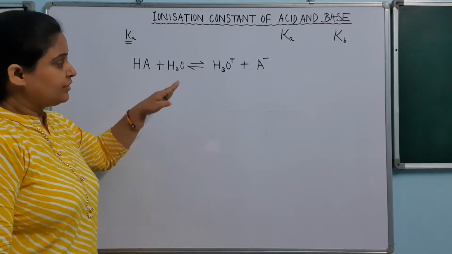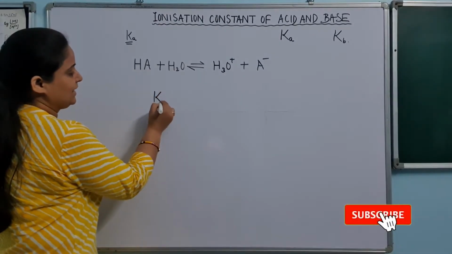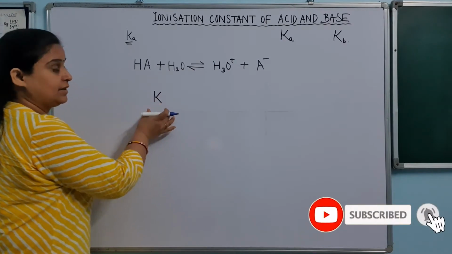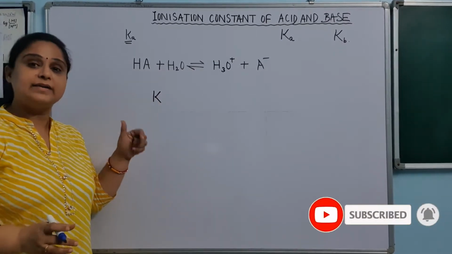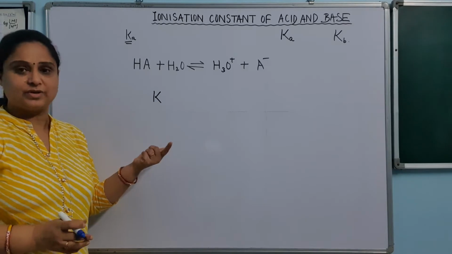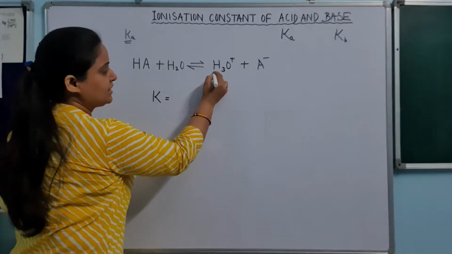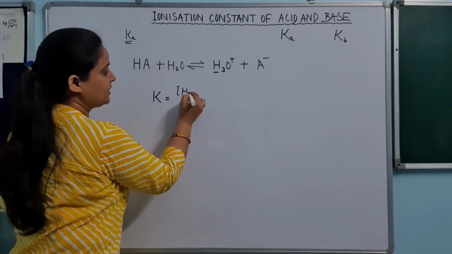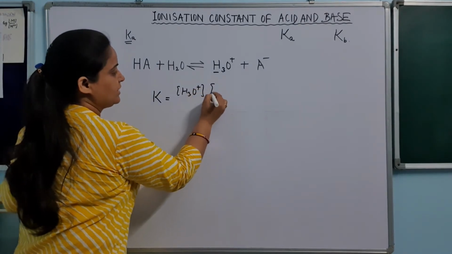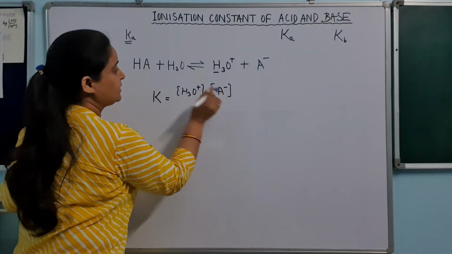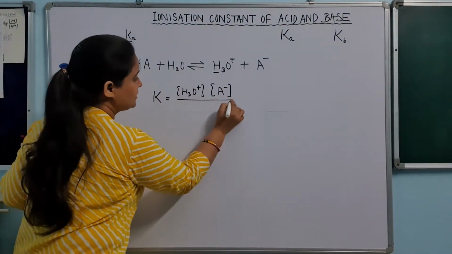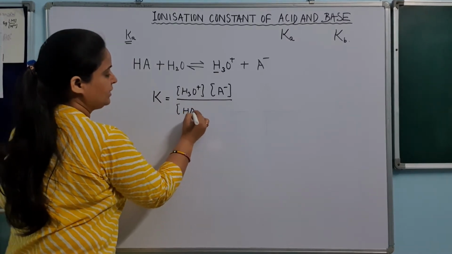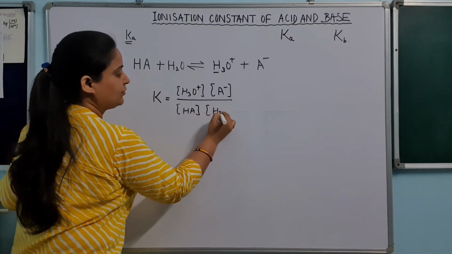Okay, so now we are going to apply the concept of K. I am writing down the expression for the ionization equilibrium constant, and it will be written as concentration of H3O+ ion, concentration of A- ion, divided by concentration of HA and concentration of water.